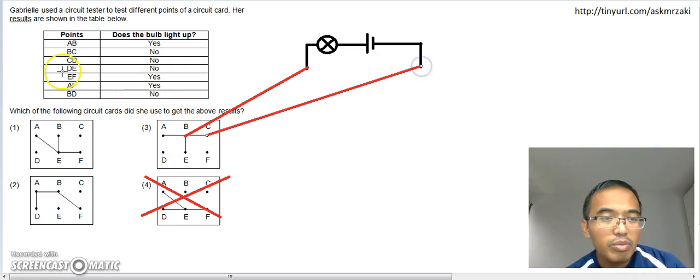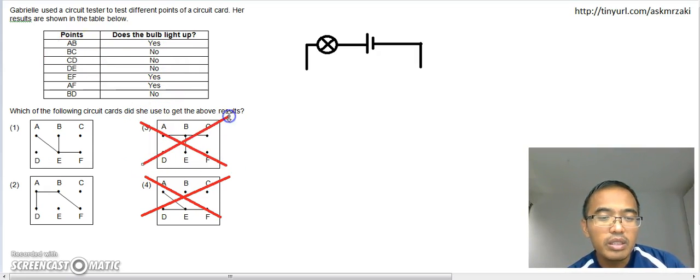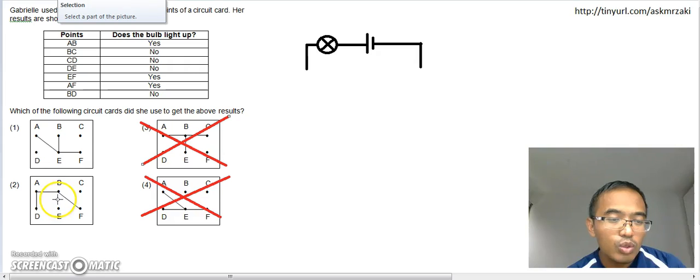But here the table says B and C does not light up. So what does that mean? That means option 3 is also wrong, right? Because B and C should not light up, but here B and C seems to be lighting up. Okay, sorry, for number 2, B and C seems not to be able to light up.